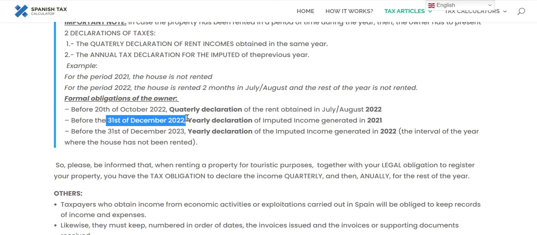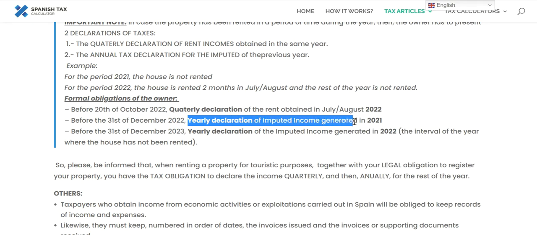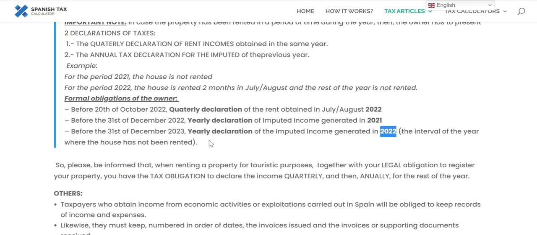Before the end of the year, this owner has to present the yearly declaration of taxes for the imputed income generated in 2021, which is the one generated in the year before. And then the imputed income generated in the year 2022 must be presented the following year before the 31st of December 2023.